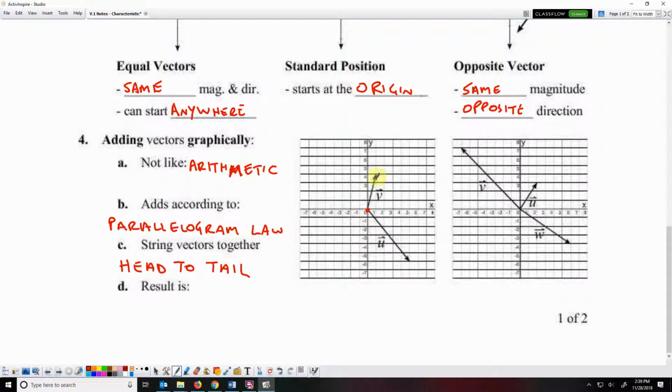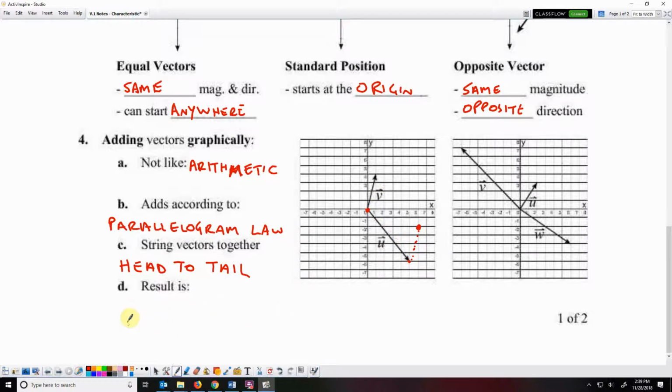So I'm going to take this vector and slide it down to the head of vector u, and from the head of vector u, I'm going to go right 1 and up 4. Okay, so there is an image of vector v. I left one and I moved the other.